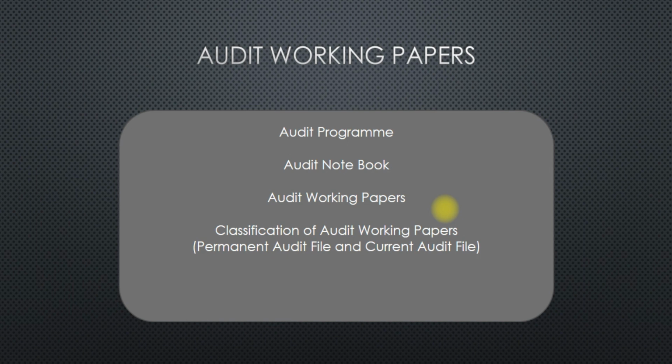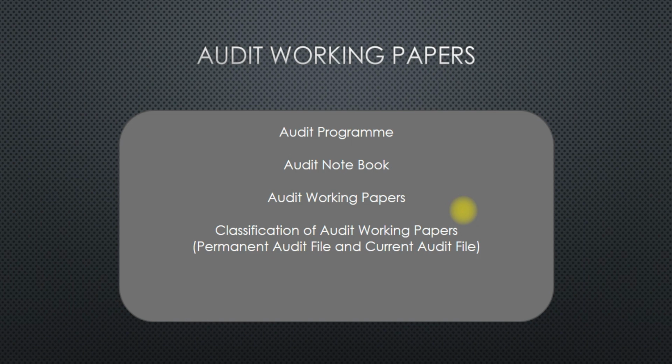The material that gets submitted to the client emerges from the audit working papers and is the only proof for the validity of the audit report and correctness of audit records. The audit working papers will serve as evidence in the event an auditor is charged with negligence or the auditor's work is challenged. So that is the use of audit working papers.